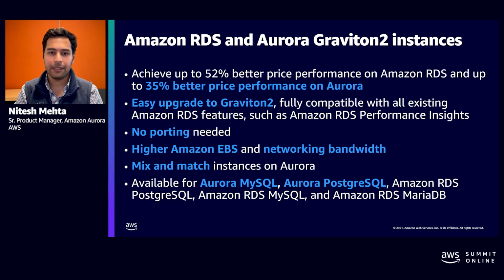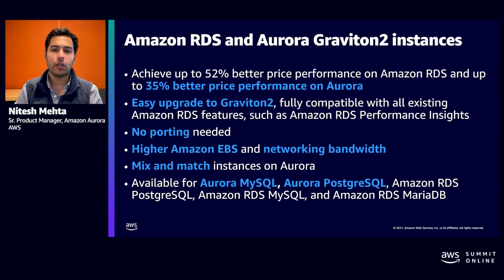If you have applications using Graviton2 processors, you might have to worry about porting the binary for ARM, but you don't have to do that on a fully managed database like Amazon Aurora. All that work, the testing, the performance tuning, the benchmarking, and making sure that the databases on those processors are working perfectly, we have done all that work for you.